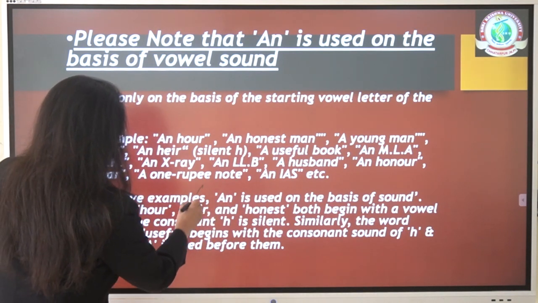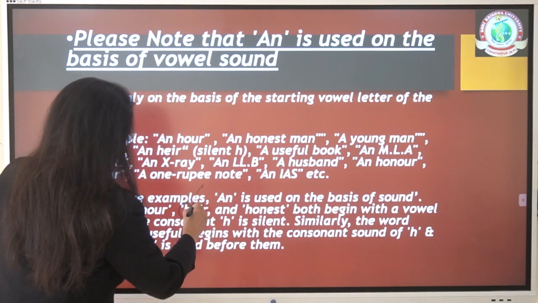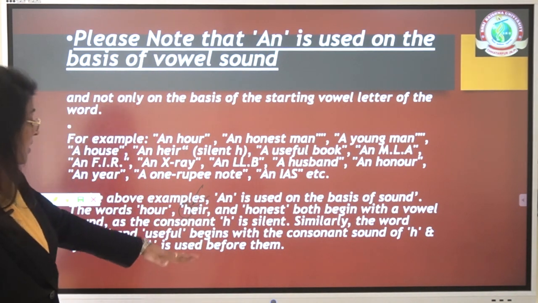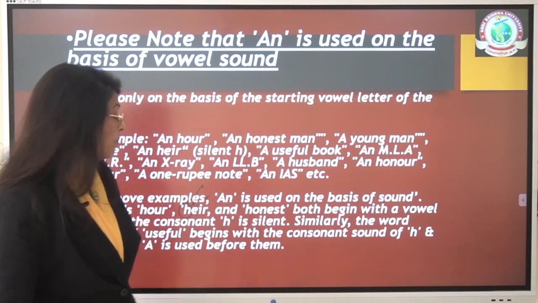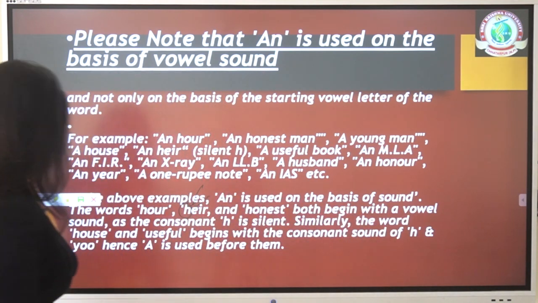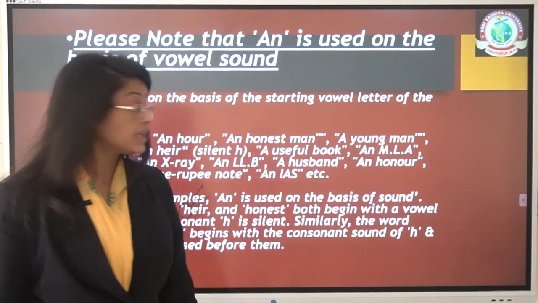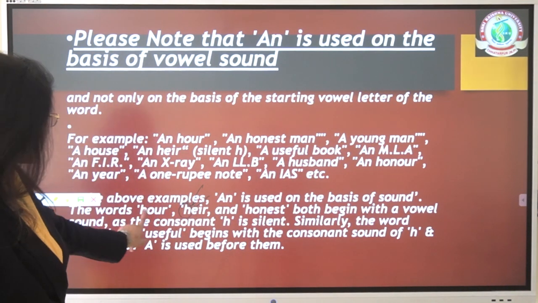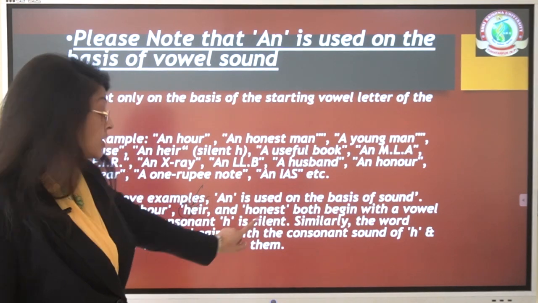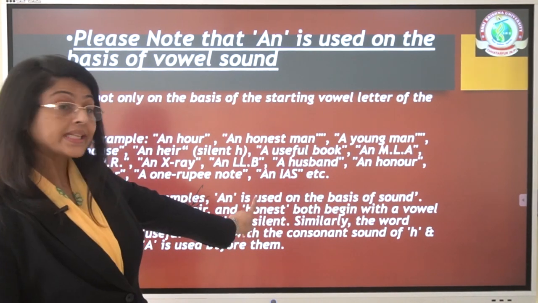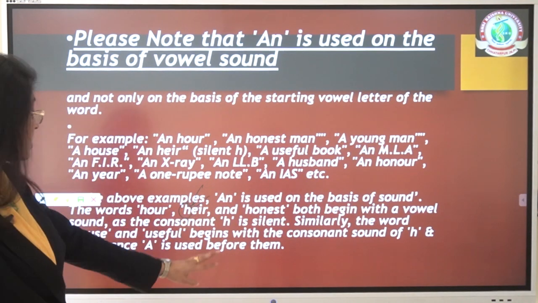See here, this is silent, and here, this is the beginning sound. So an air and an honest both begin with a vowel sound, right? As a consonant, H is silent. See here, H is silent, H is silent, H is silent. All of them begin with a vowel sound. Here, O sound, here, E sound, okay?